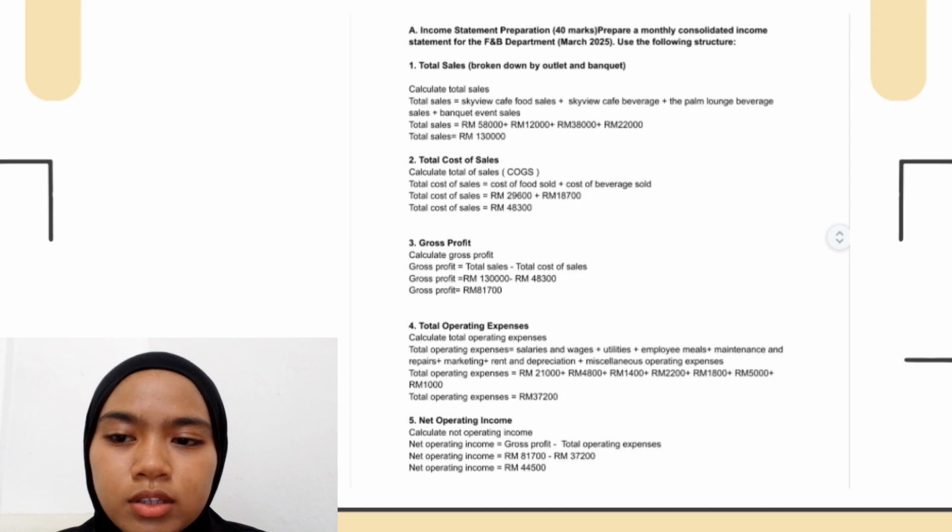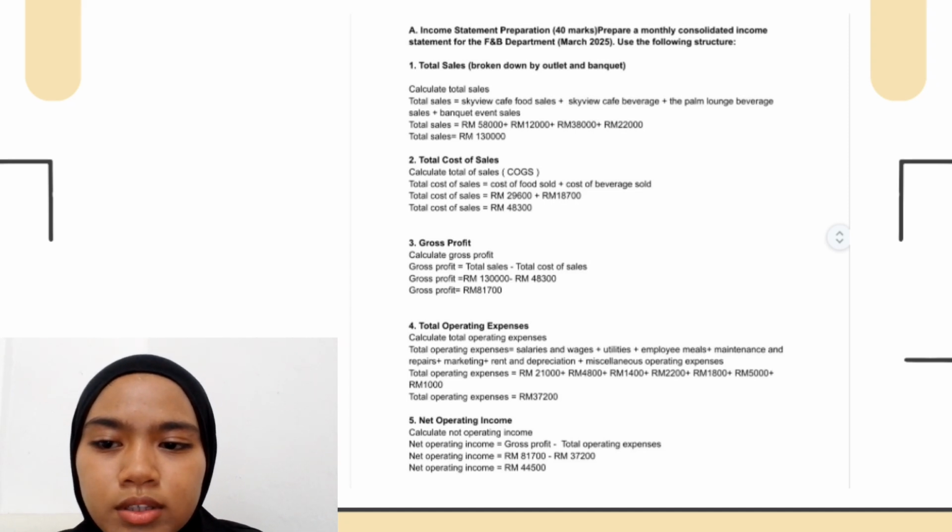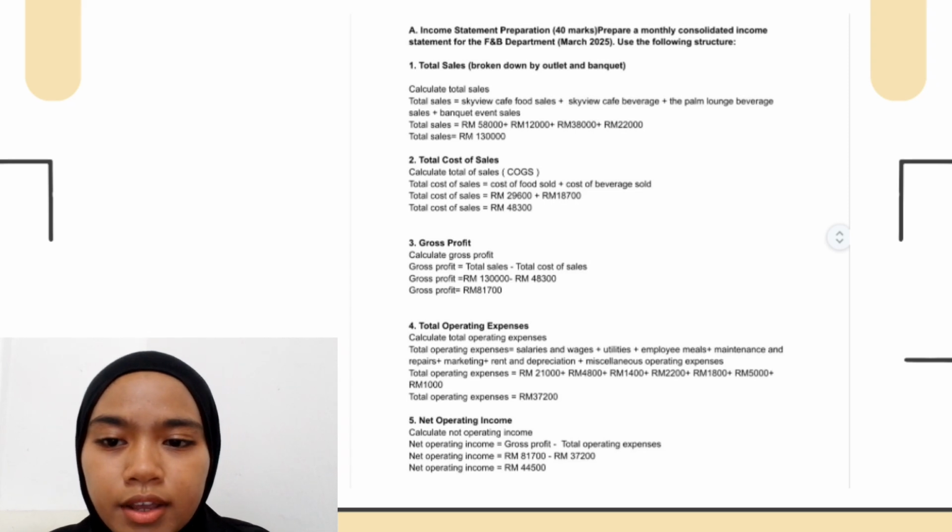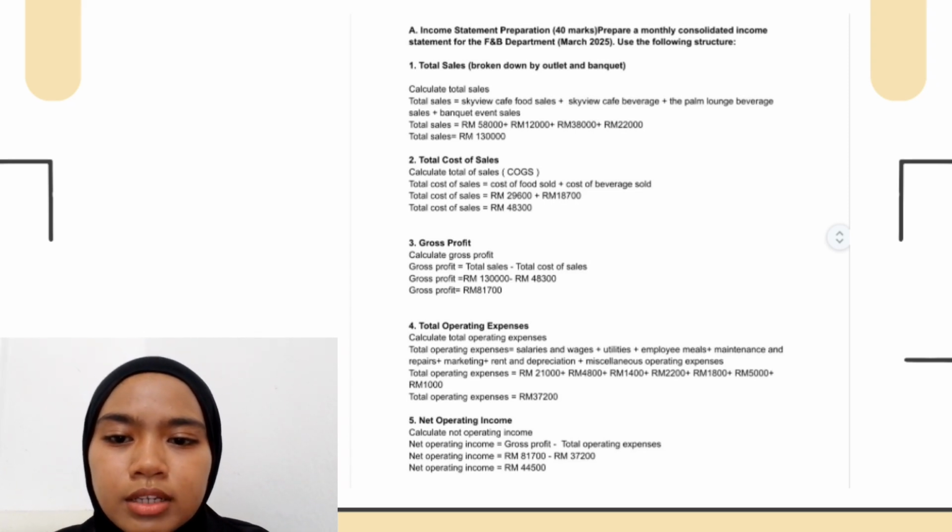To calculate, total sale is equal to Skyview Cafe food sale plus Skyview Cafe beverage plus the Palm Lunch beverage sale plus banquet event sale.